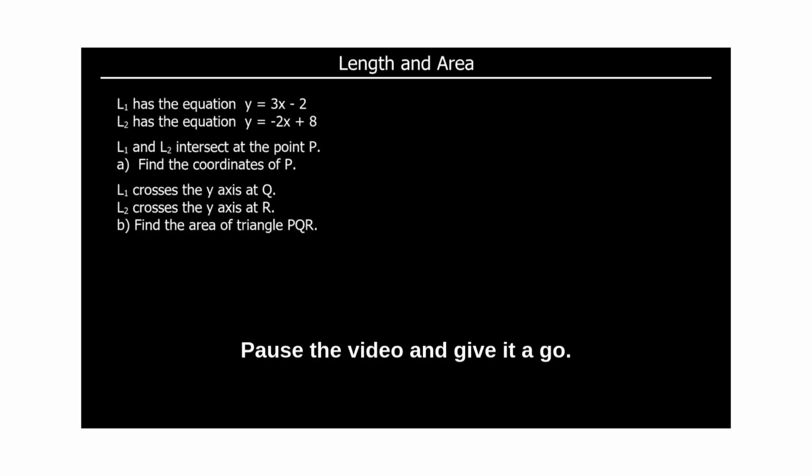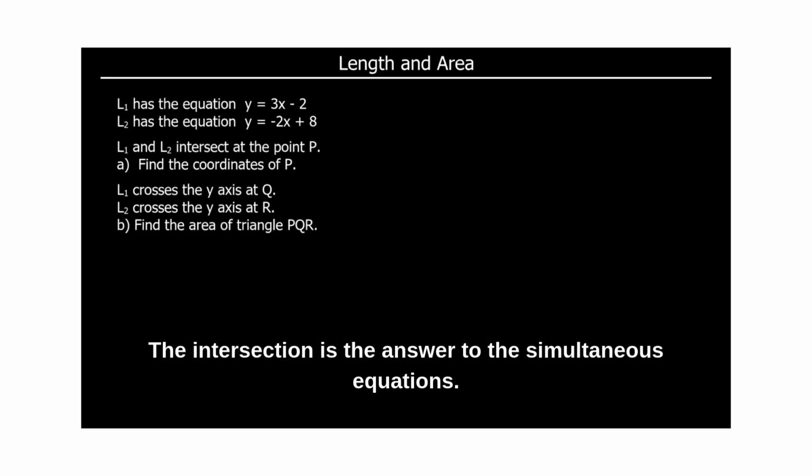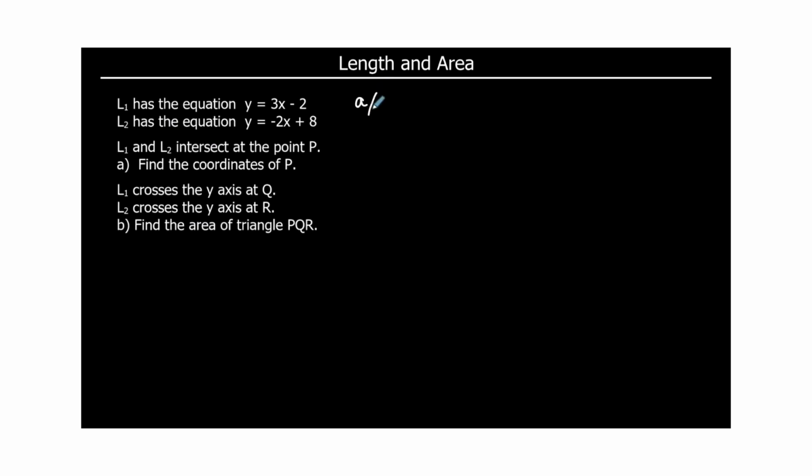Okay, one for you to try. Pause the video and give it a go. So 2 lines, find the intersection. The intersection is the answer to the simultaneous equations. So we can say where 3x minus 2 equals negative 2x plus 8.